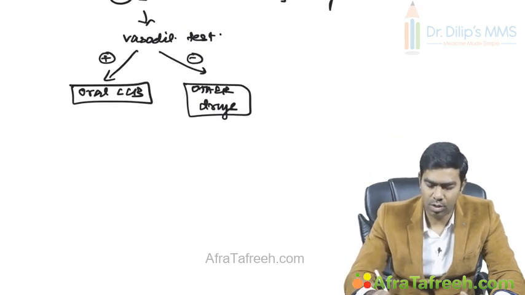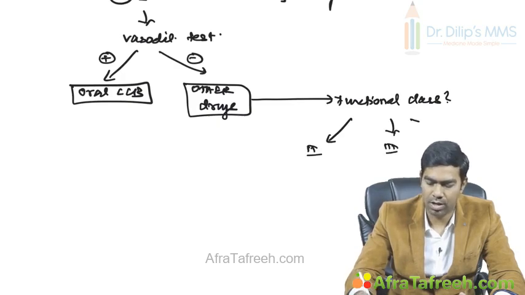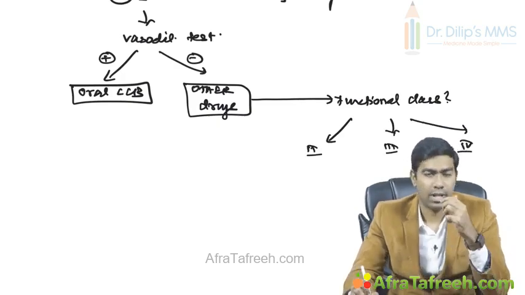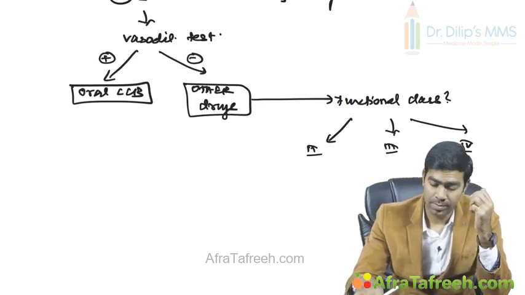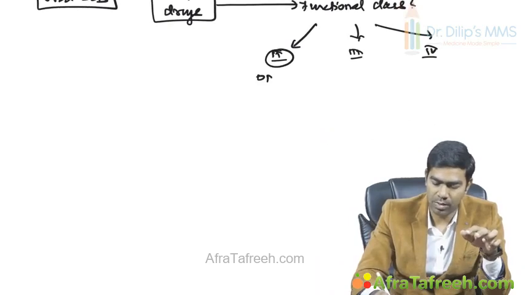What are the drugs you will try? Which means you are going to try depending on the functional class. Let us see the WHO functional class. If it's class number 2, class number 3 or WHO functional class number 4. It's very simple. Class 2 typically will try the oral drugs.